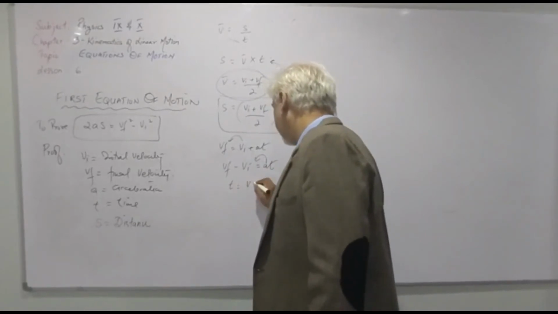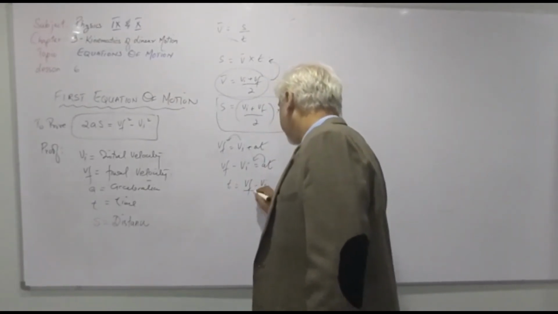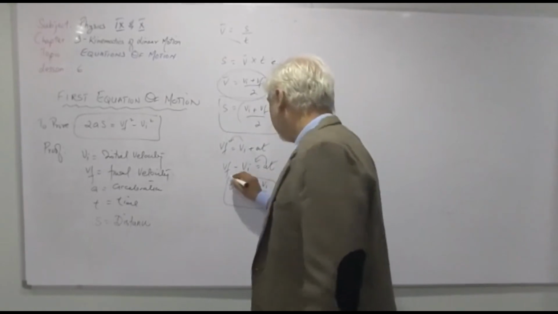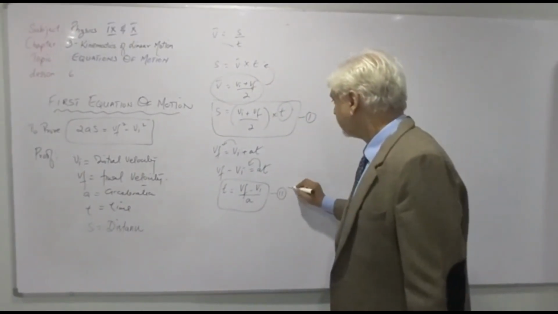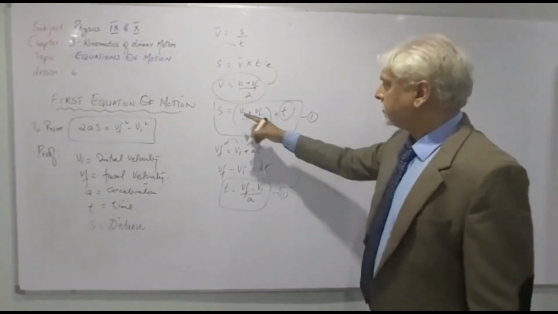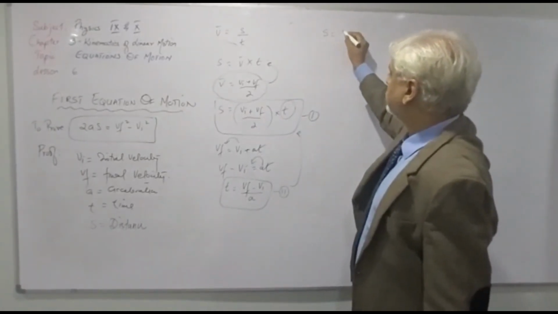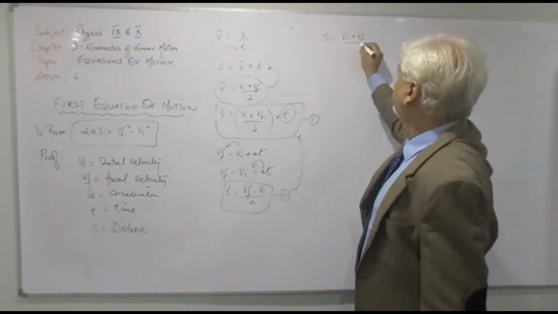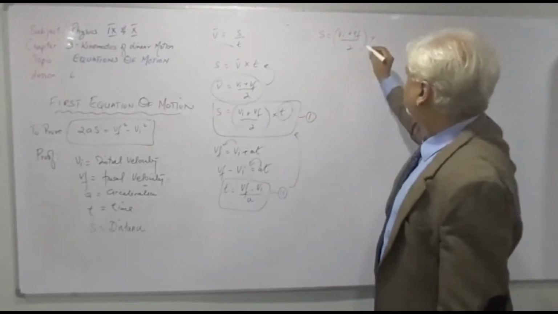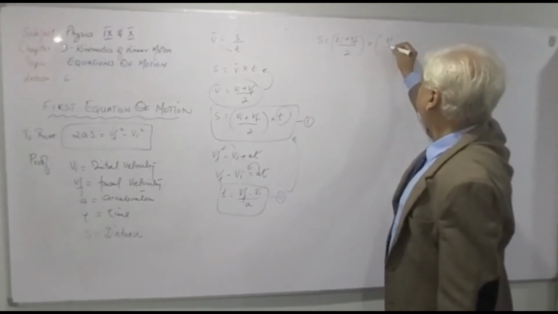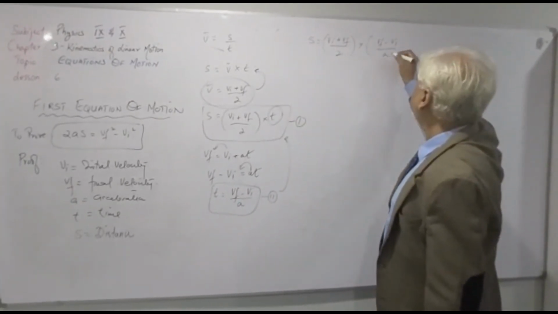Time is equals to vf minus vi upon a. Now all I need to do is replace the value of time from the second equation in equation number 1. So my equation will now be s is equals to vi plus vf upon 2 times, in place of t I can put the value, that is vf minus vi upon a.